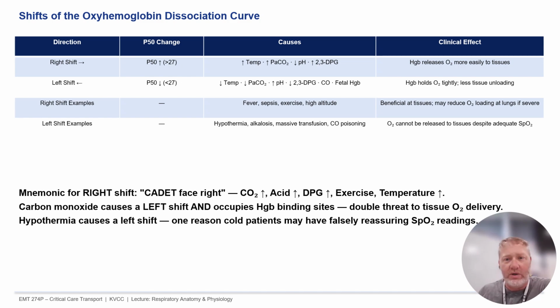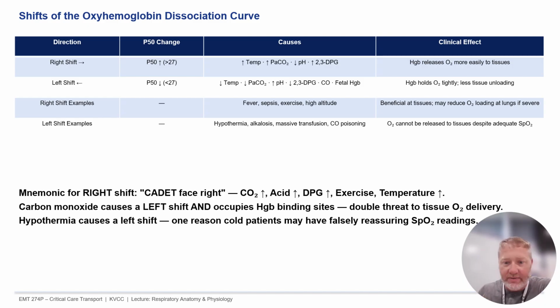If you have increased 2,3-DPG, anytime you exercise, whenever body temperature is increased, all of those things shift the curve to the right. Physiologically, these are exactly the conditions present when you exercise or metabolically stress your tissues. The curve shifts right precisely when and where oxygen needs to be offloaded.